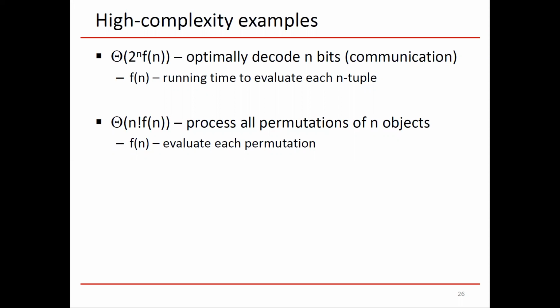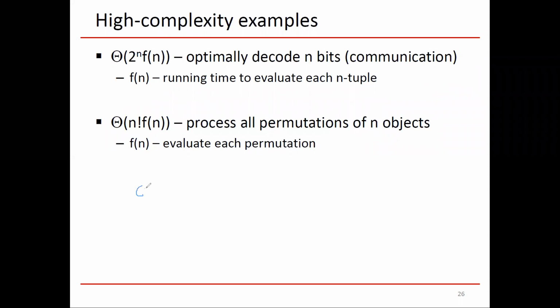Another example of a high complexity algorithm would be when we need to process all the permutations of n objects. The number of permutations of n objects is n factorial. N factorial is even larger than a constant to the power of n.